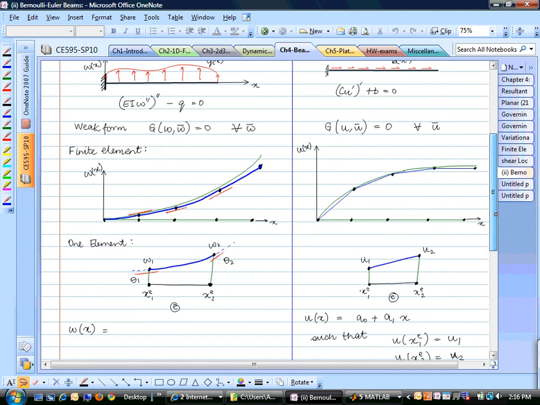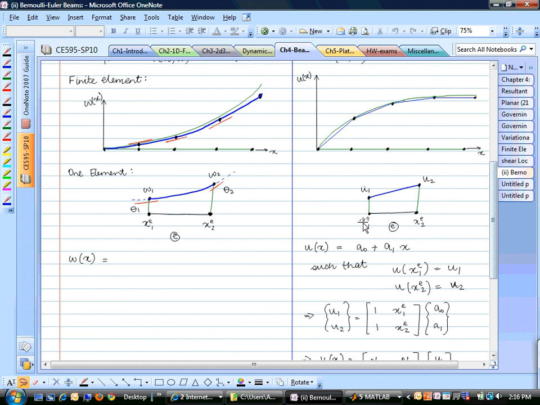For finite elements, when we constructed the shape functions for this one-dimensional element, we assumed that the solution between these two nodes is linear. If the solution between these two nodes is linear, then we can express it as this type of polynomial.